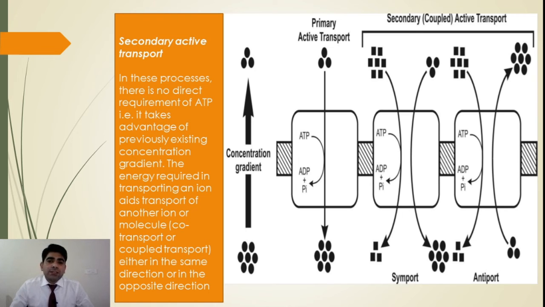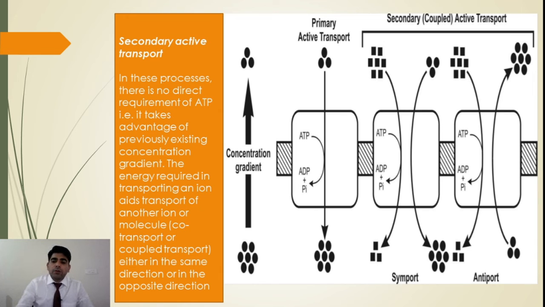So this is the basic concept of secondary active transport. Let me remind you again of the difference between primary and secondary active transport. In the primary, there is a direct involvement of energy in the transport, and in secondary active transport, there is an indirect requirement of ATP.